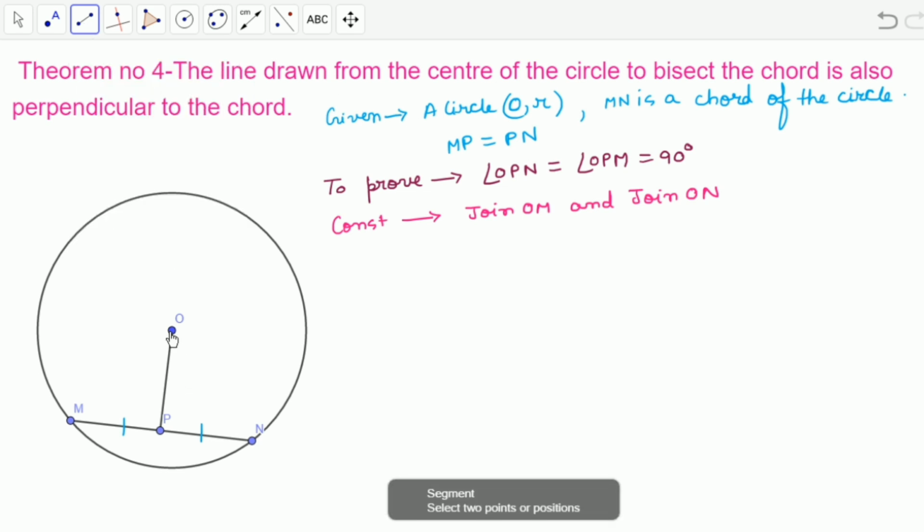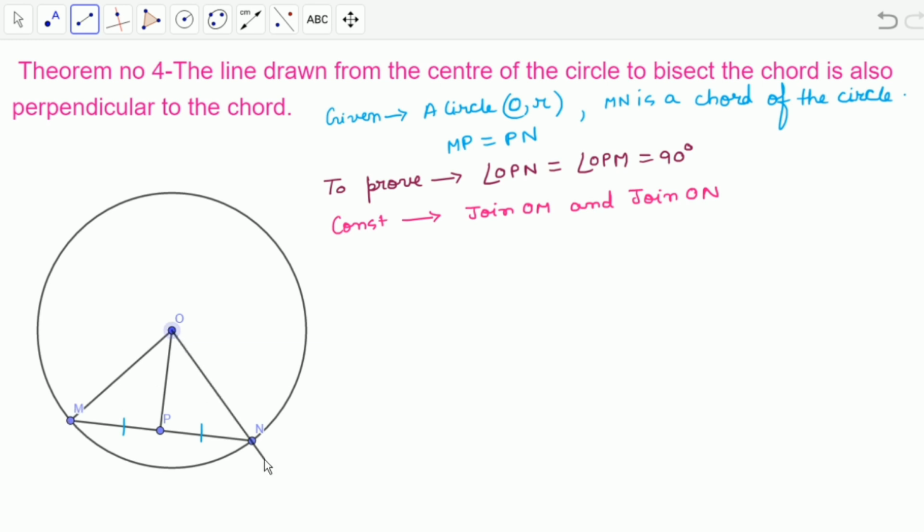Let's take a segment O to M and then O to N. We have joined, right? So we get back to proving. So, proof. What's the proof? The proof says again, in triangle OPM and triangle OPN, we have been given that PM is equal to PN.